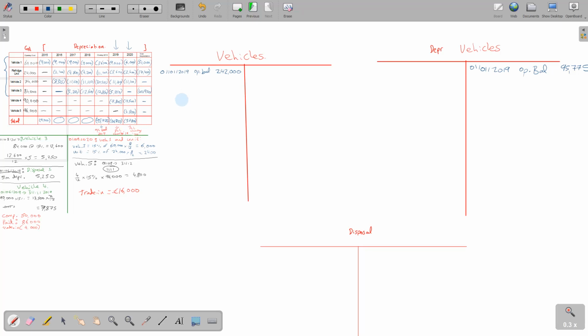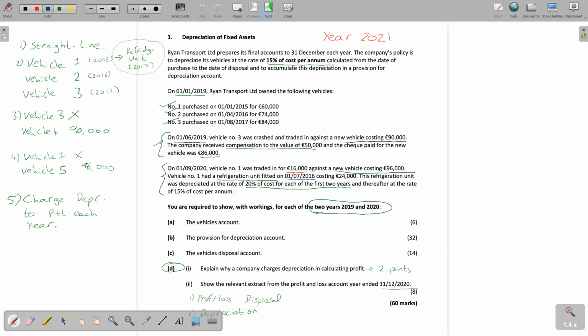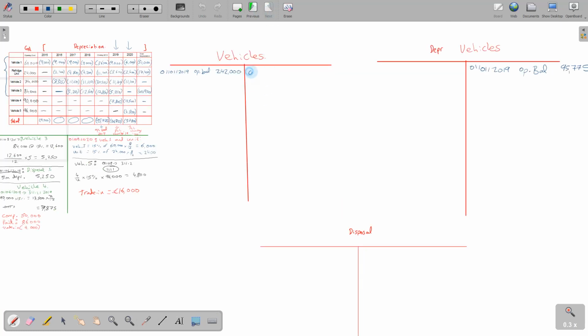So we're doing the 1st of the 1st, 2019. We dispose of vehicle 3 on the 1st of the 6th, so the 1st of the 6th, we'll say 19. We're sending it to disposal. And vehicle number 3 is worth 84,000.